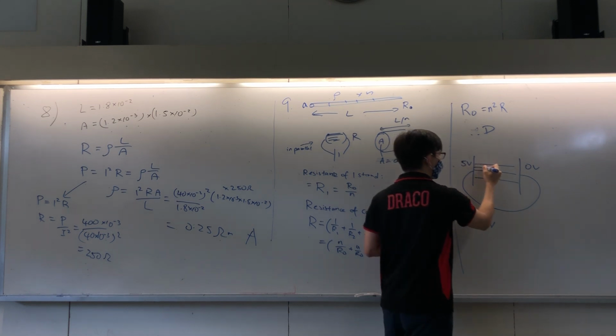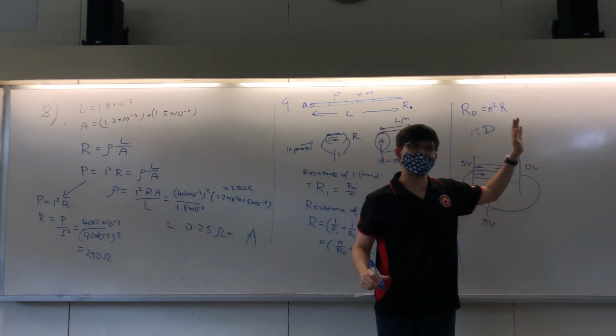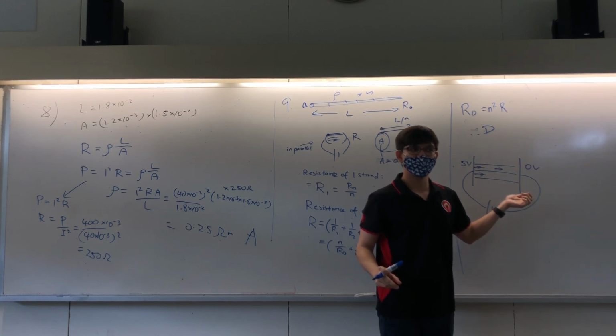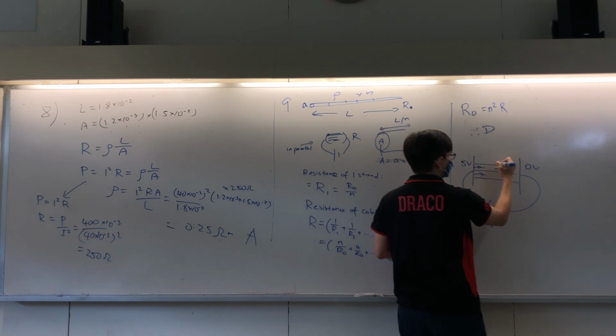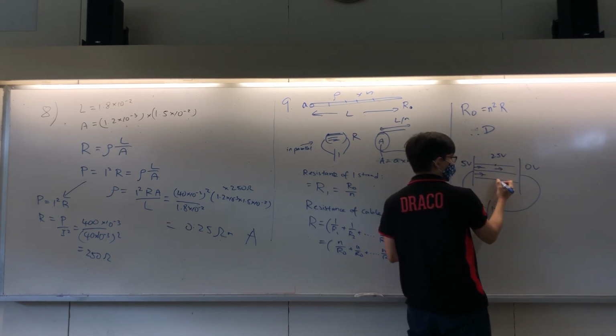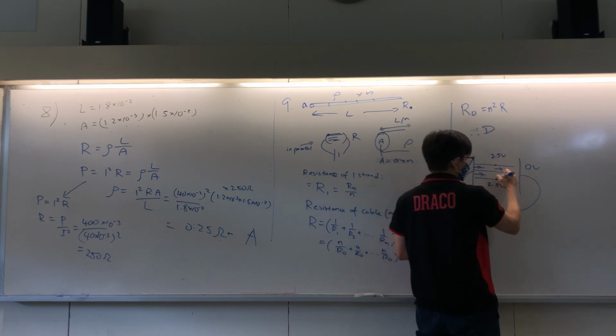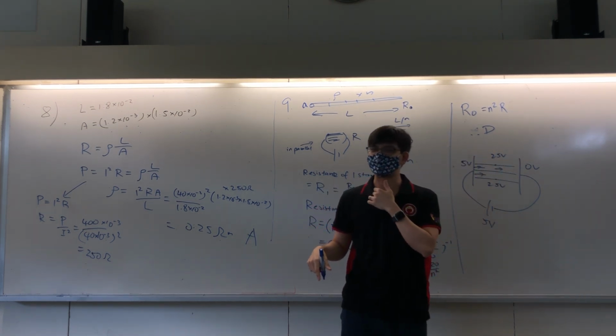They will always flow horizontally because the potential difference is from left to right as applied by the external voltage, and there's no potential difference between top and bottom. So in the middle, for example, it is 2.5 volts on top and 2.5 volts below. So there's no reason for the current to flow in the vertical direction at all. There's no y component of current.